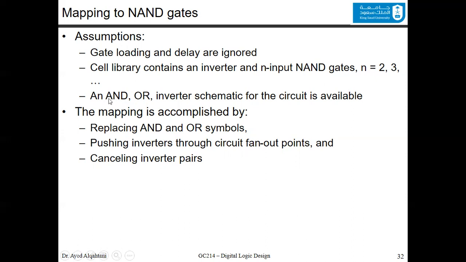And the AND and the OR gate and the inverter gate schematics for the circuits are available. The mapping is accomplished by replacing the AND and OR gates and pushing the inverters through the circuit fan-out points and canceling inverter pairs along the way.